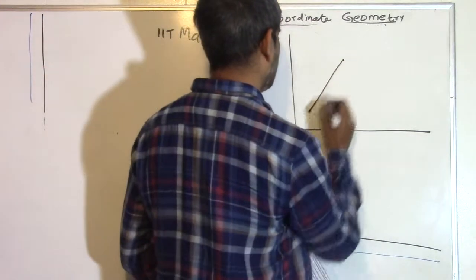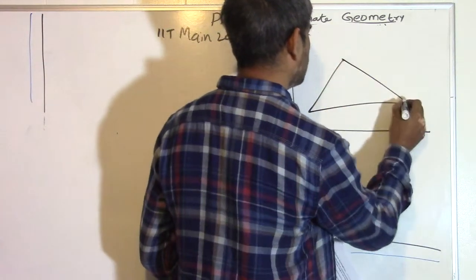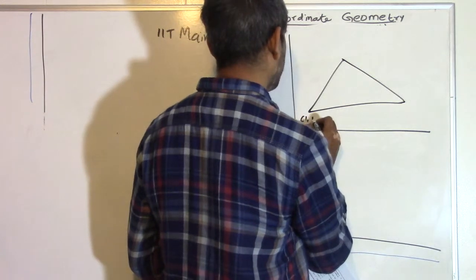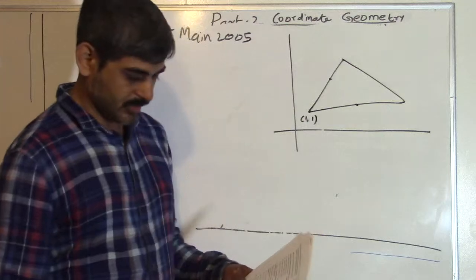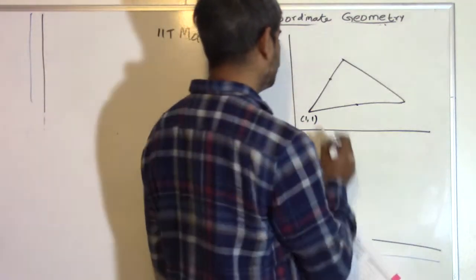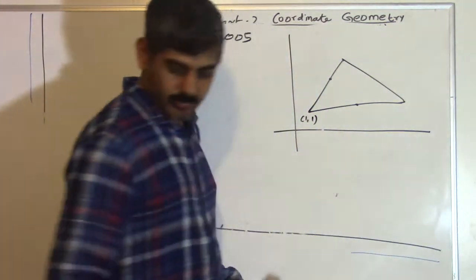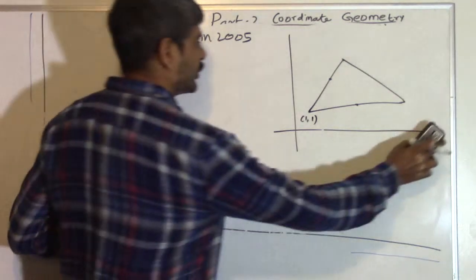So A, B and C, this is 1, 1, and this midpoint is given, this midpoint is given. I'm not making any axis here because I'm not drawing.